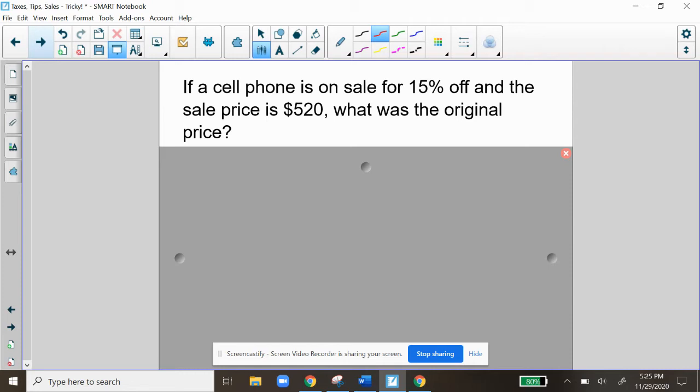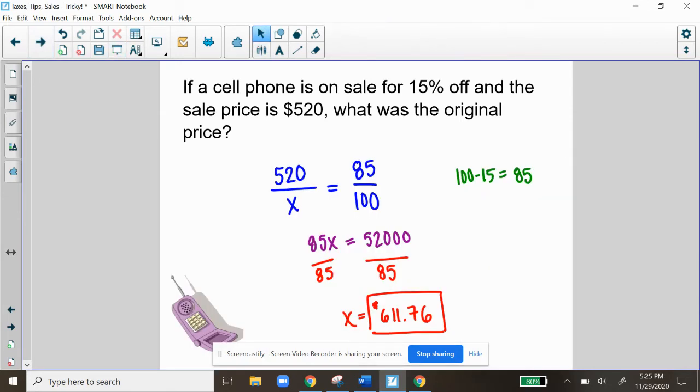Great, you're back. It says if a cell phone is on sale for 15% off and the sale price is $520, what was the original price? Well, hopefully you set up your percent proportion to be 520 over X. Again, we're looking for that original price, and equals 85 over 100. If it's 15% off, I'm taking that away, which means 85 remains.